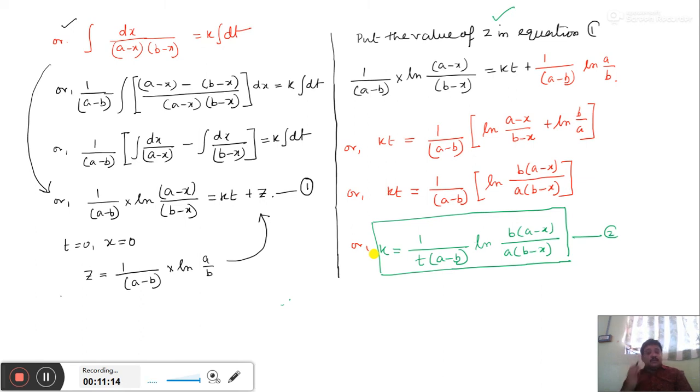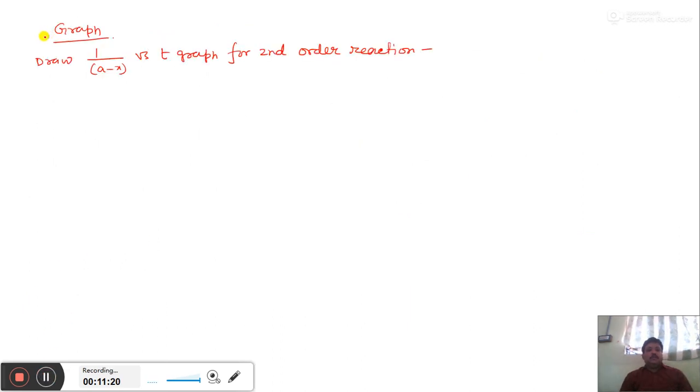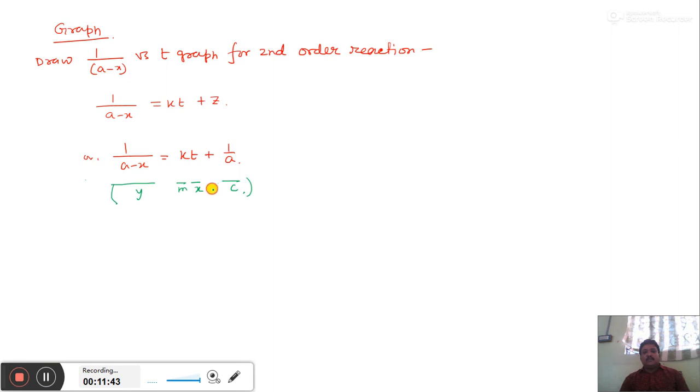Now next, to draw some graphs which derive from second order reaction kinetics. The next topic of my video is to draw the 1 by (a minus x) versus t graph for a second order reaction. We know for a second order reaction, 1 by (a minus x) is equal to kt plus z. This expression of a straight line is very similar to y equal to mx plus c.